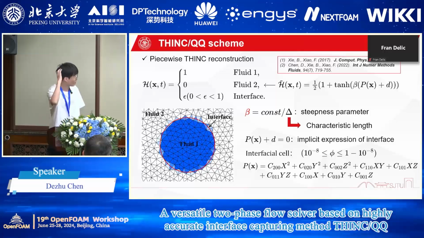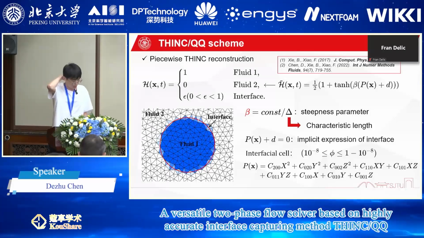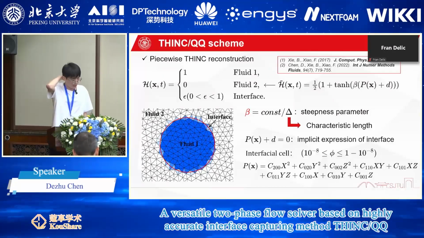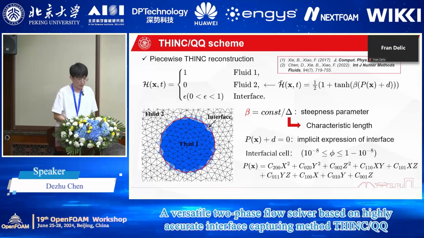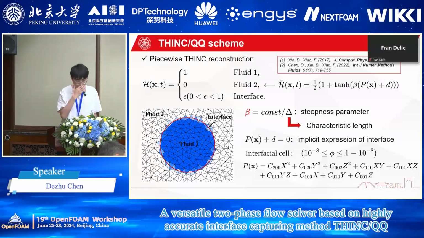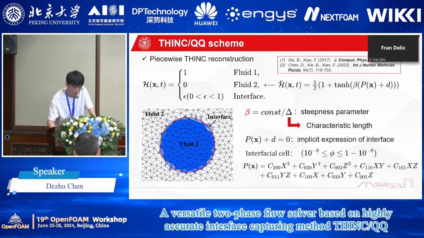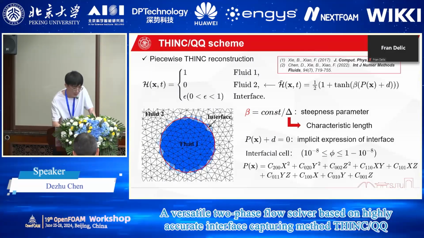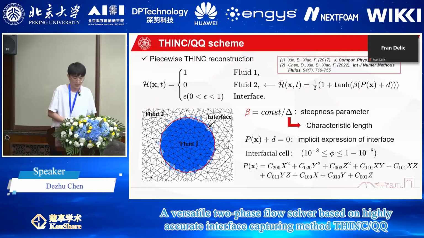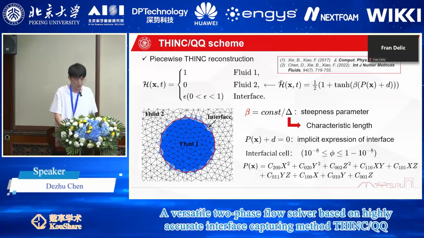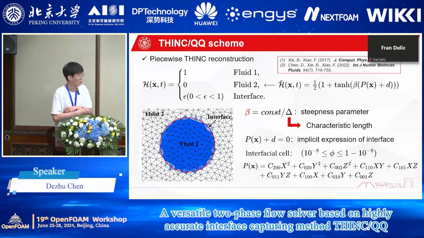So next, I will briefly introduce the SyncQQ scheme. The main idea of SyncQQ scheme is to piecewise approximate the discontinuous Heaviside function by a multidimensional tangent of hyperbolic function, where beta is a steepness parameter to control the width of interface within 2 or 3 cells, and the polynomial plus d equals 0 is the implicit expression of interface.